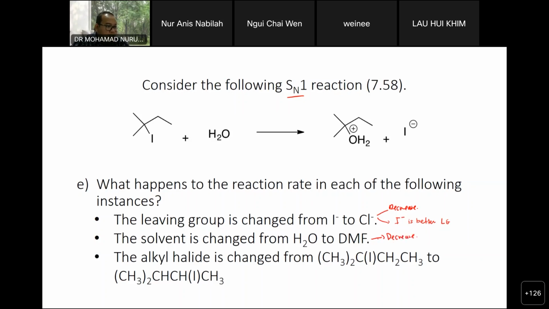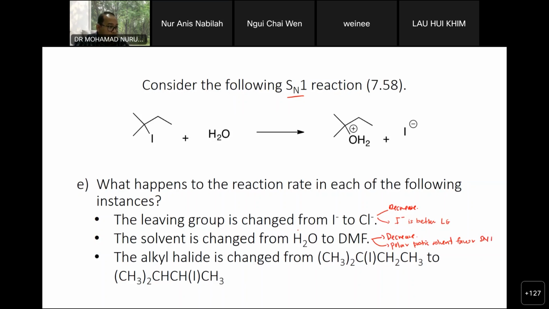Okay, because why? Because polar protic solvent will favor the SN1 reaction.